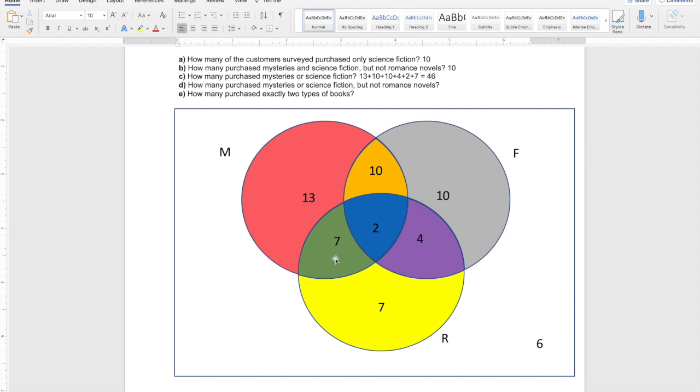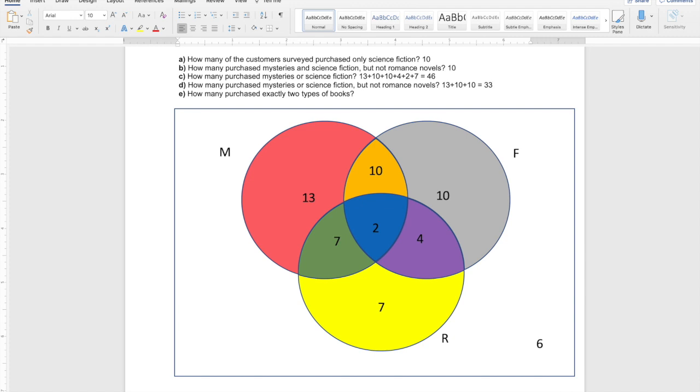While these people from green, blue, and purple also had mystery and fiction, we want to exclude the people who had romance. So 7, 2, and 4 are not participating, just 13, 10, and 10. And that's 33 people.